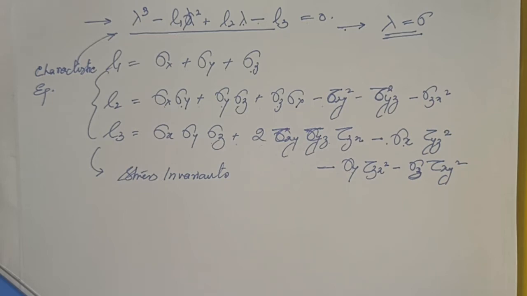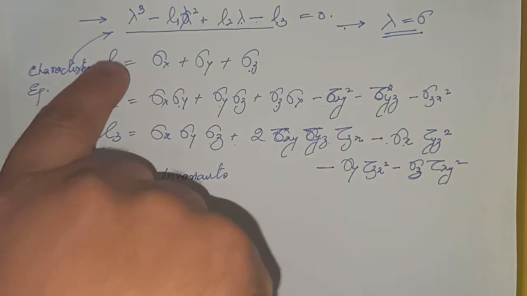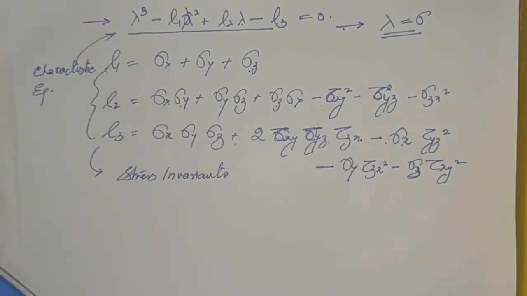So hydrostatic stress and deviatoric stresses show you the deformation of the body. Hydrostatic stress is also called volumetric stress, volume changing stress in fact. They use this L1 for you. So these stress invariants are physical quantities.